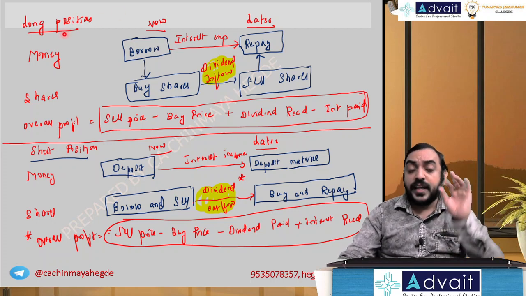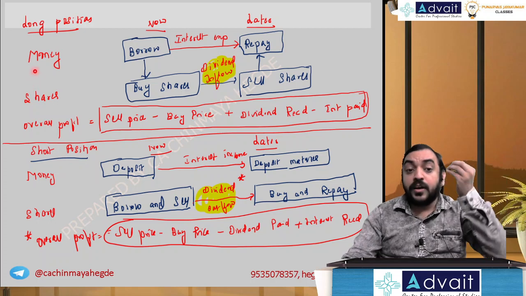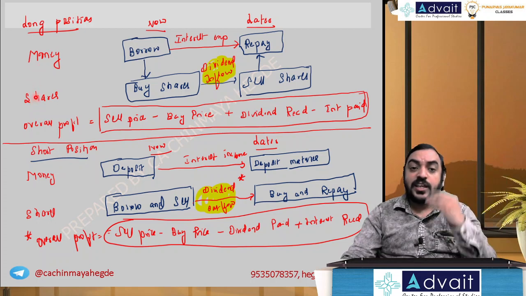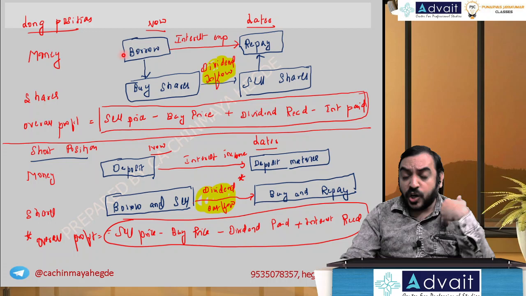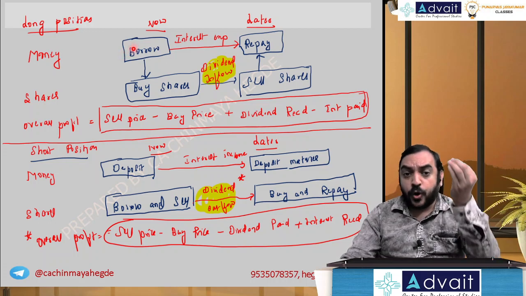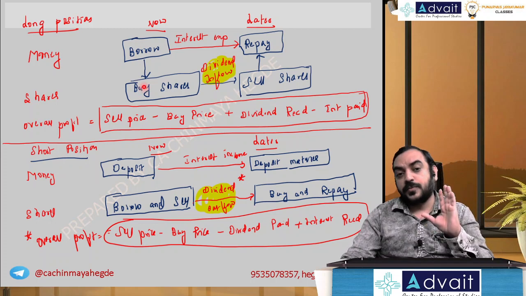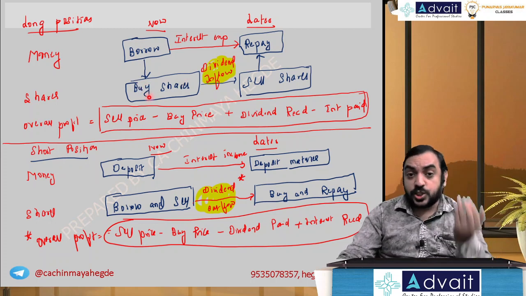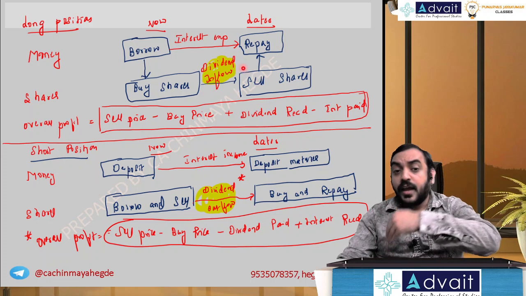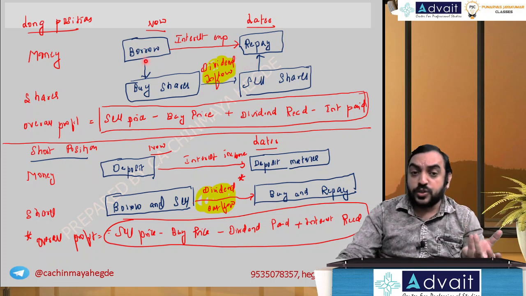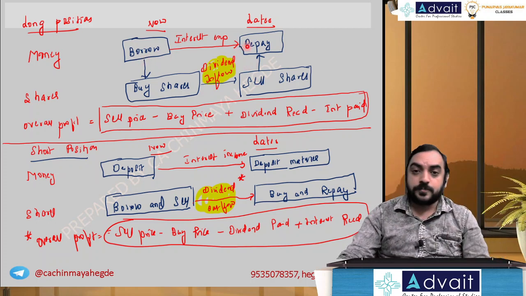Long position. I am creating two assets, money and shares. In long position, I borrow money now. You've written this process already. You borrow money now. Using that money, you buy the shares. Later, the shares will be sold, and the money you get will be used for repaying the loan.